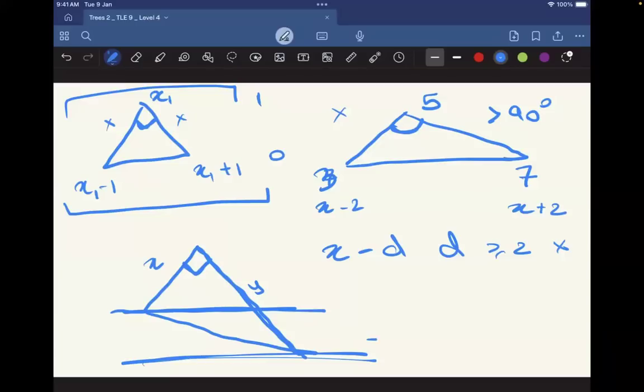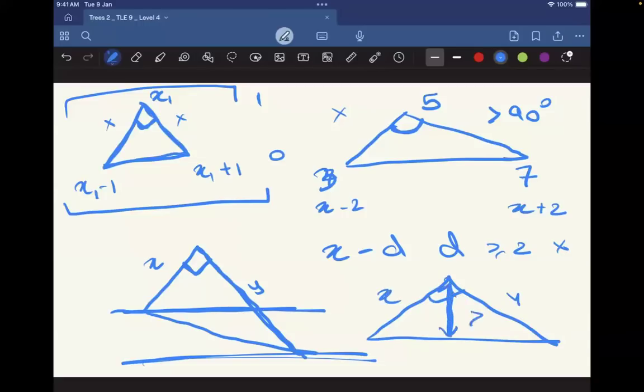If I make this like this, do you agree that the length here, like I've already proved that for x minus 1, x plus 1, it is a valid triangle. Now, if this is x plus y, this height is going to increase by 1. It is going to be greater than 1. Yes or no, guys? Tell me.